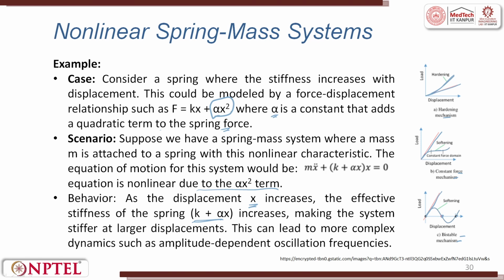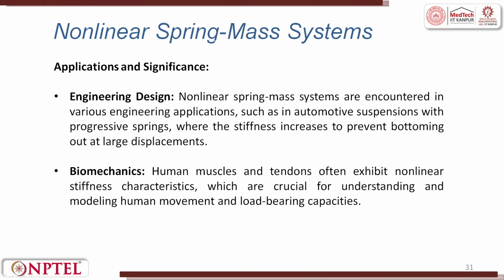So, now you see, you can start playing more and more with the nonlinear spring mass system to get better oscillation at a lower frequency, higher frequency, band pass frequency. You can try to get everything through mechanical systems. So, the application and significance: engineering design.